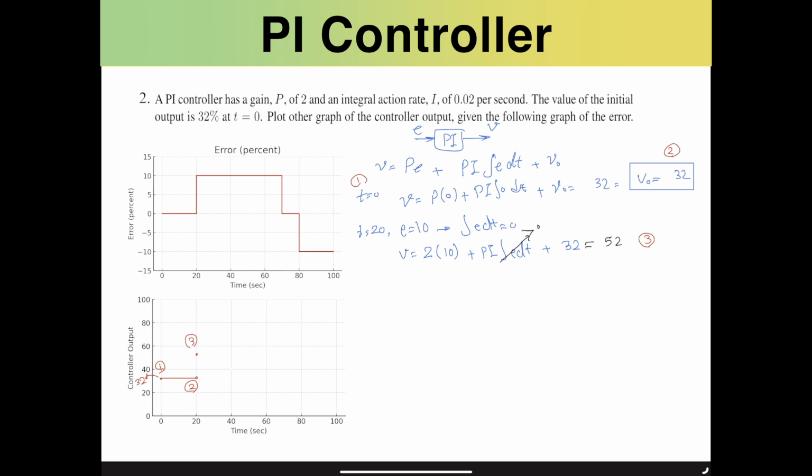Now, let's move forward and think about the next critical point on this input, which is going to be around 70 seconds. At t equals 70 seconds, we essentially need to consider the integration of the area e dt as the area under the curve.